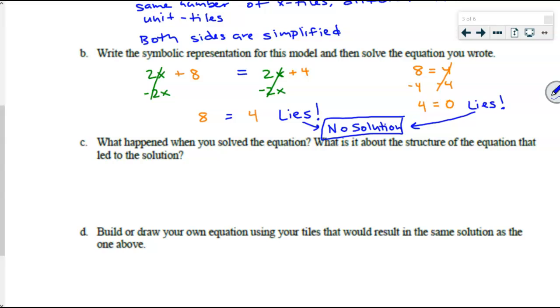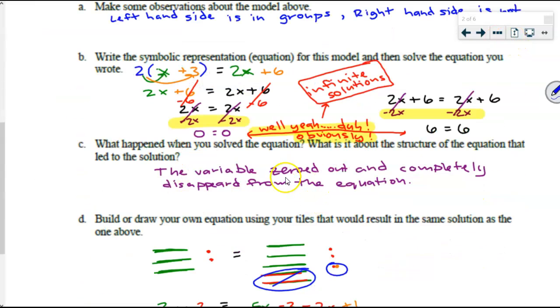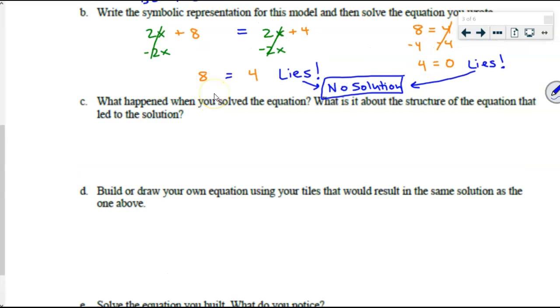Not just one side, right? In the process of trying to zero it out from here, what happened over here too? Yeah, it zeroes out from both sides. So, didn't we see that over here too? What happened when we solved this? The variable zeroed out. It completely disappeared from the equation. What's happening here? The variable zeroes out completely from both sides.